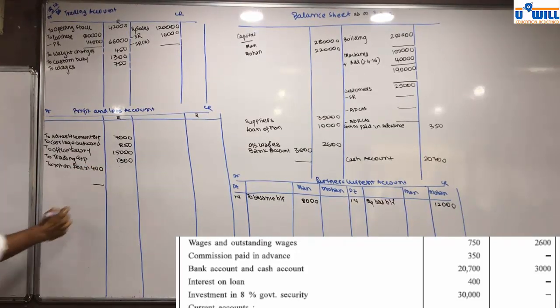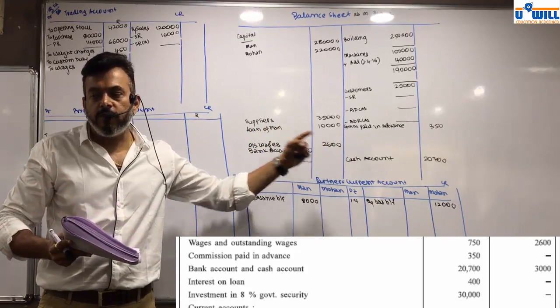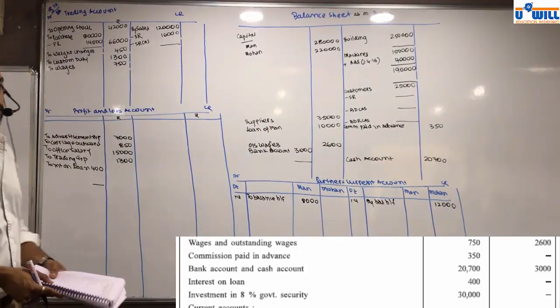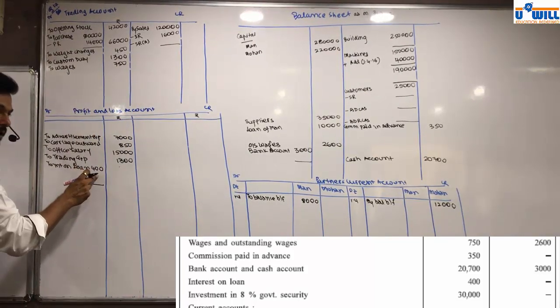We have a hidden adjustment. Interest on loan 400. Now, loan of partner Mohan is 10,000. No information is given, so we have to give interest at the rate of 6%. So 600 we have to pay, out of which 400 we have already paid.